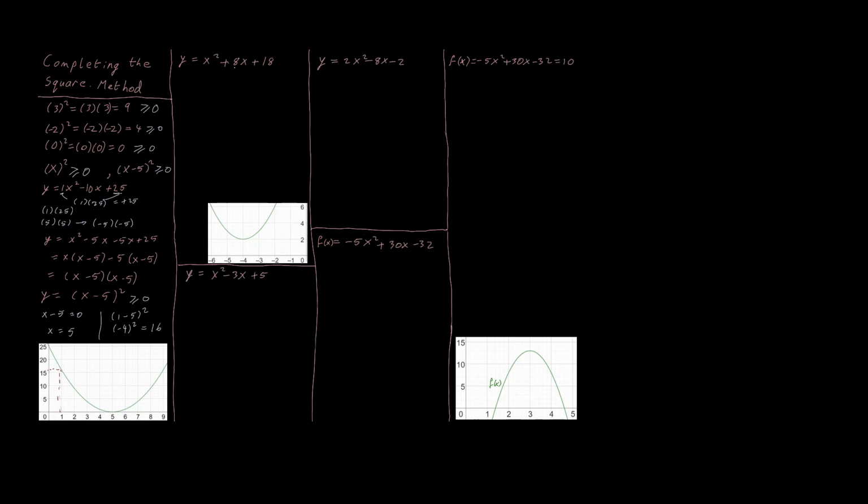Well, if I have 8x here, and I break the 8 up into two equal parts, it would be 4, and if I squared that, I'd get 16. Well, 16 isn't the number there, so I haven't got a perfect square this time, but I can still turn this into something that contains a perfect square, and this is what we actually mean when we say completing the square. So let's look at how we would do this in practice.